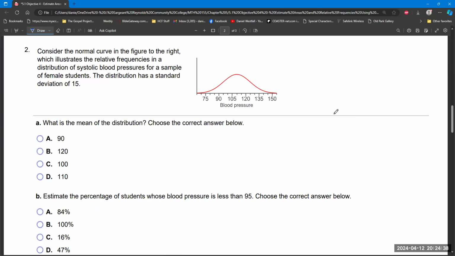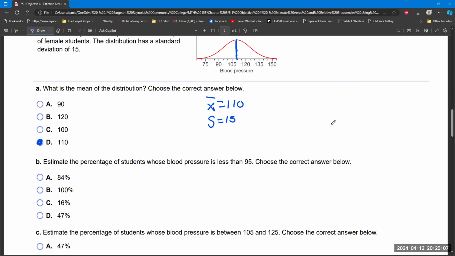Basically the same type of question, not going to draw the chart again here, but the standard deviation is 15, and they want us to figure out the mean here first. It appears to be right there, and so that is at 110, because each of these tick marks is 5. So X bar is 110.